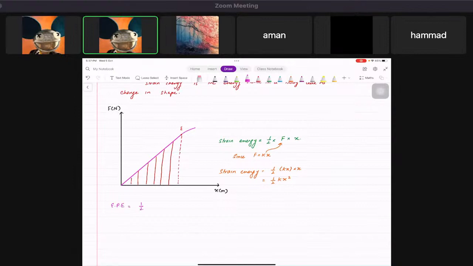There's half Fx, that's one, and the other formula is half kx square. K is generally either given in the question, or you can get it from the gradient of the graph. Okay, is it clear? Yes, sir. All right, now.